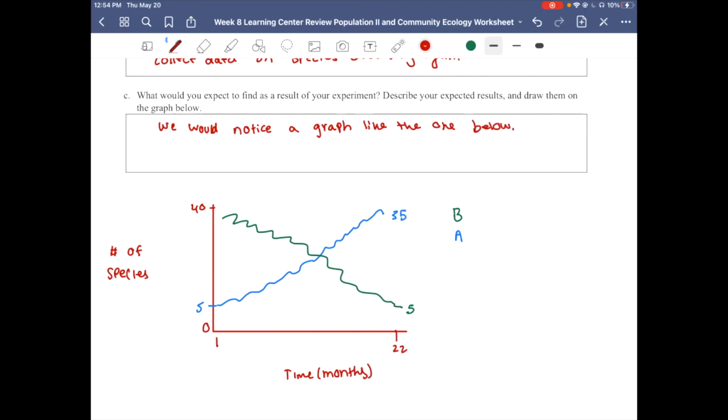This graph would prove our hypothesis because once we reintroduced the snakes, it started going up. We had a lot more species. And then once we took the snakes away from B, it started declining, further showing that it acts as a keystone species.